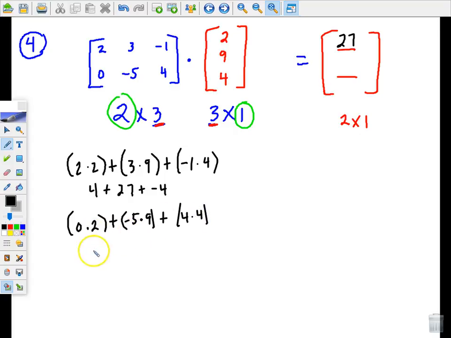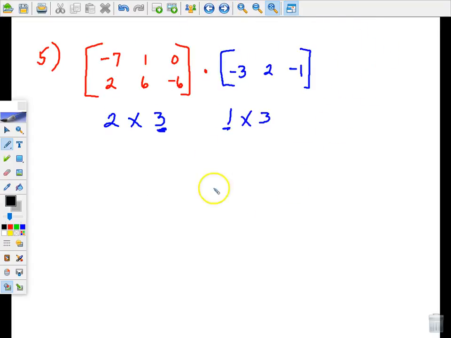So this is 0 plus -45 plus 16. Okay, so this is -45 plus 16 is -29, and that is the answer to number 4.